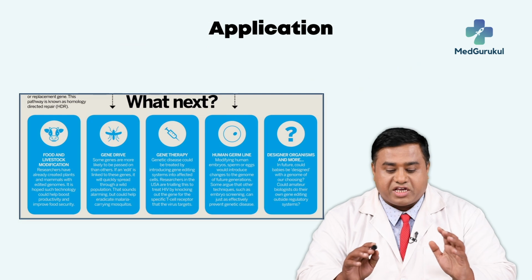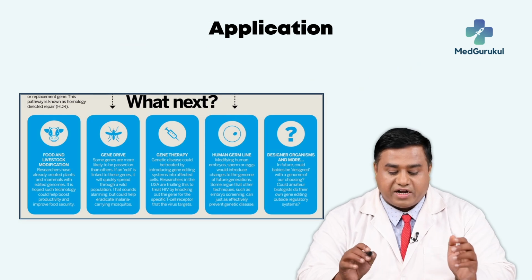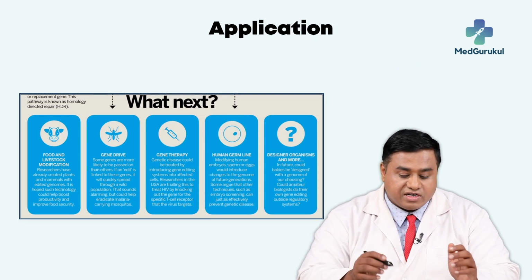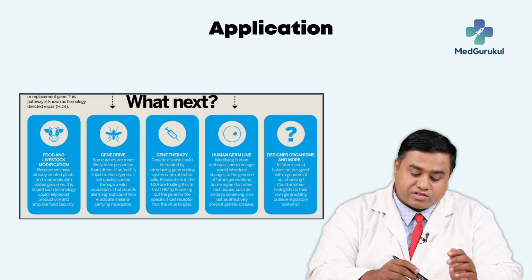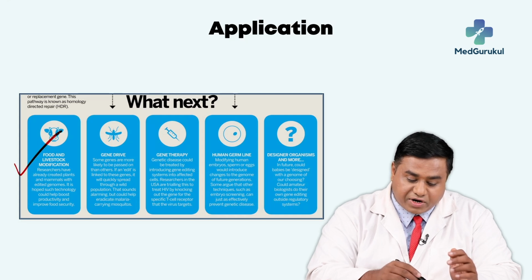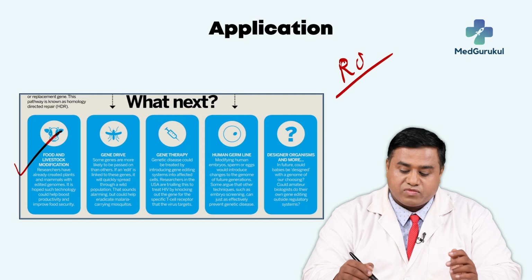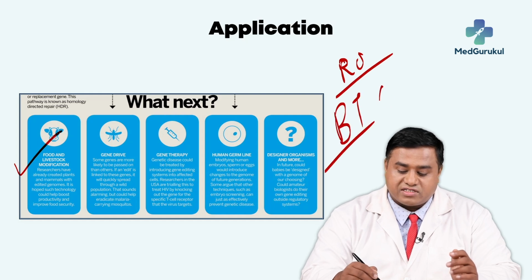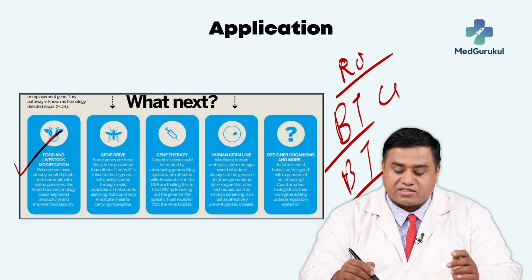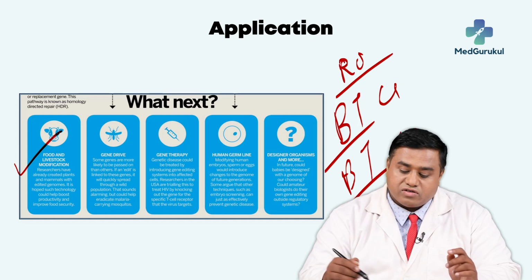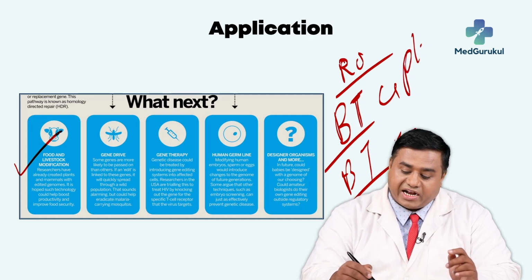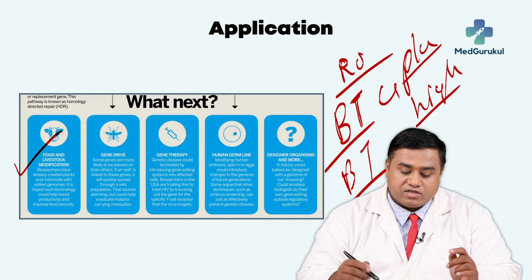So what are the applications of recombinant DNA technology? Here we can use it for developing hybrid food stock. BT cotton and BT brinjal are examples which are disease resistant and high yielding plants.